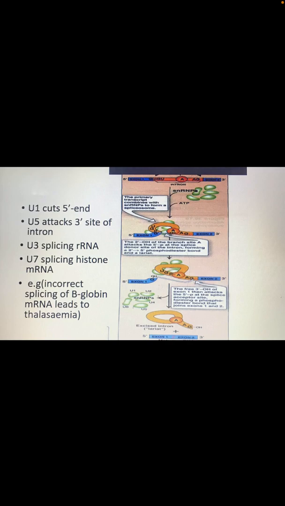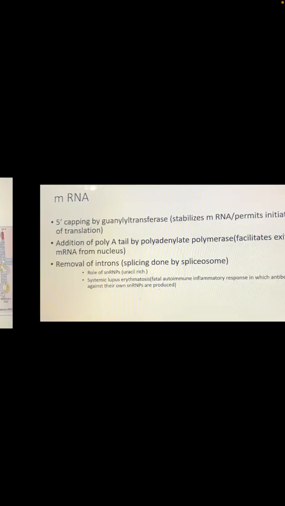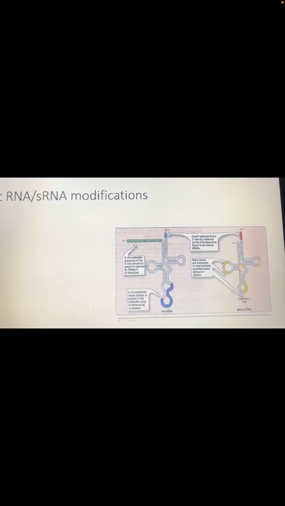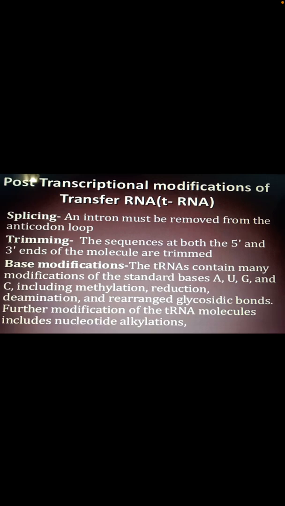One of them is thalassemia. So these snRNP units join together and cause the formation of spliceosome and the removal of intervening sequences, which are introns, from the exons. So we get the messenger RNA in the form of mature messenger RNA.